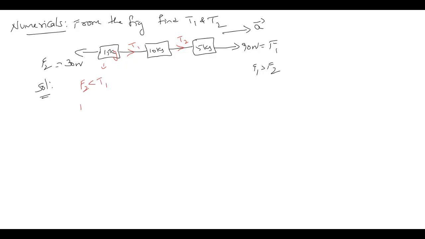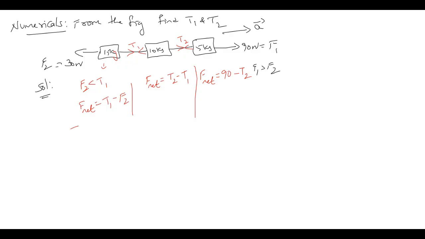Therefore, net force for this will become T1 minus F2. For this 10 kg, net force will become T2 minus T1. For this 5 kg, net force will become 90, F1 minus T2. Tension will be this side for 5 kg.